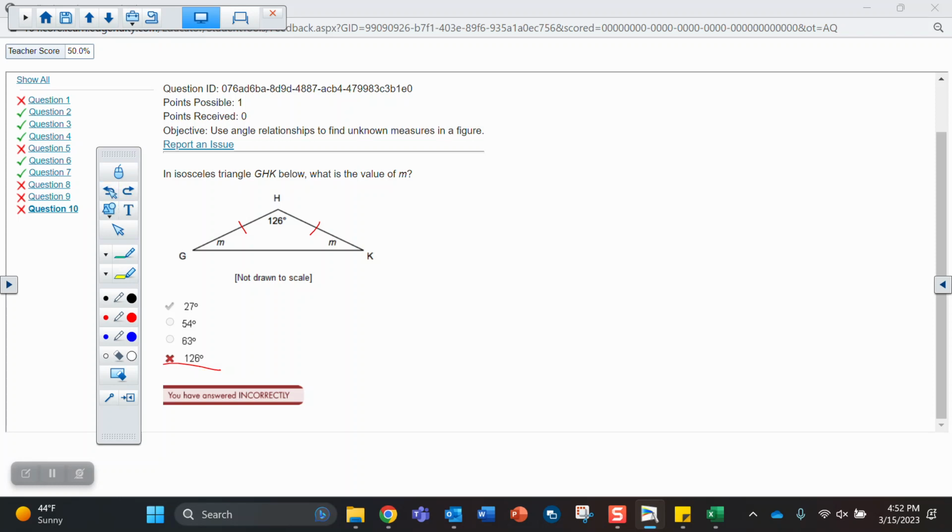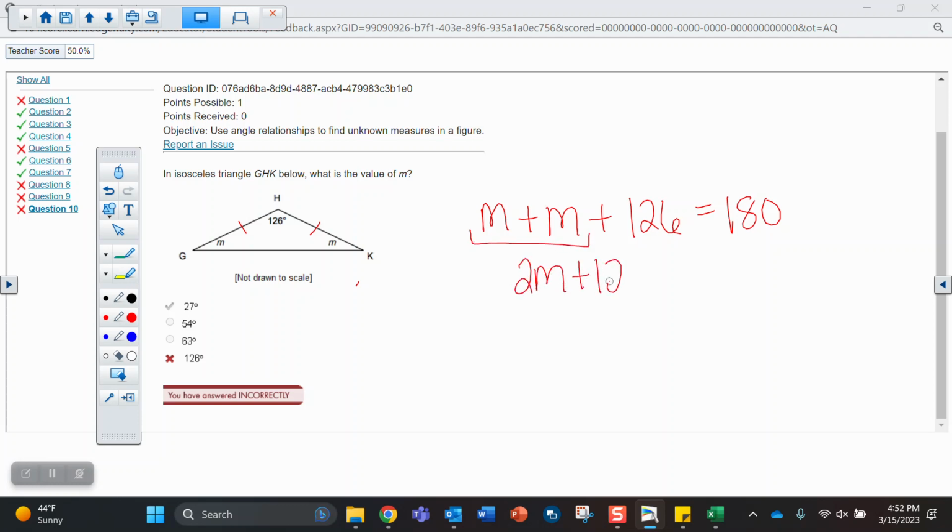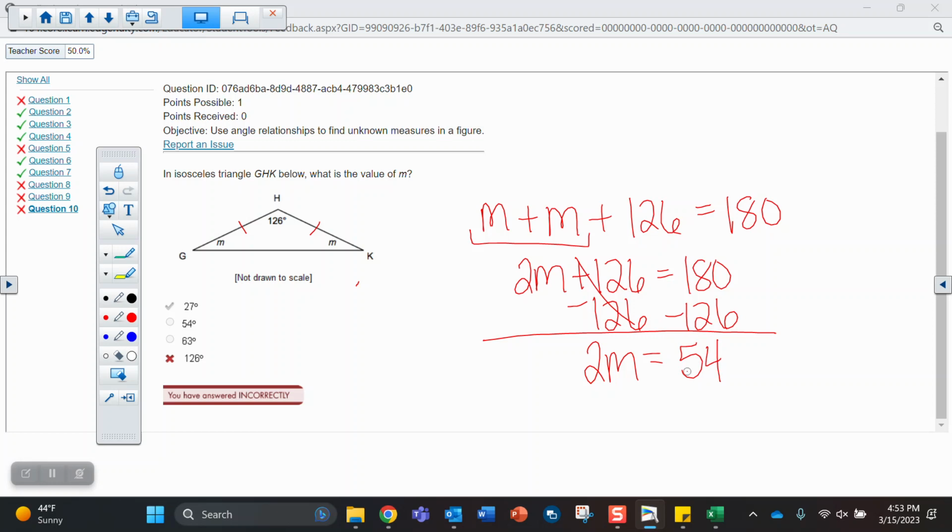So again, just like before, we've got to set up this equation. m plus m plus 126 equals 180. Combining like terms again, 2m plus 126 equals 180. Subtract 126 from both sides, and we get 2m equals 54.